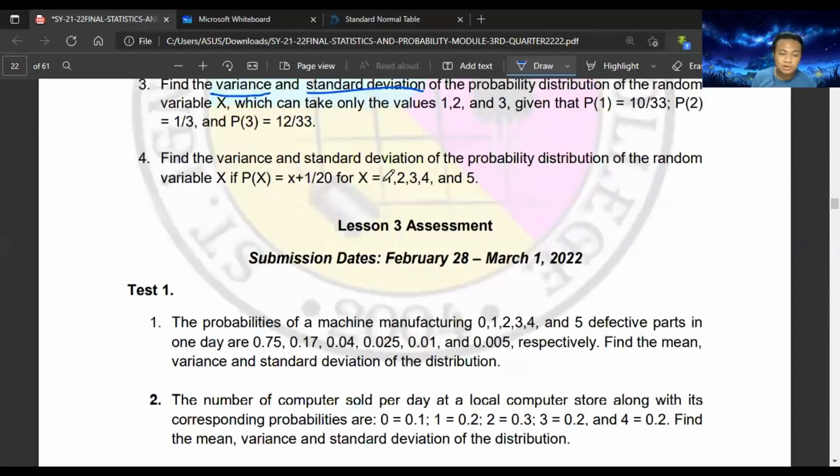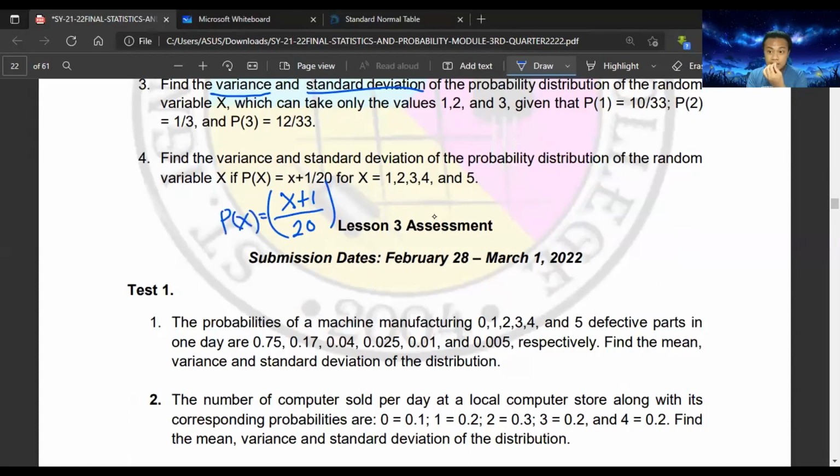Number 4, guys, let me check. It's not 1/20. It's (x plus 1) over 20, that's the probability.